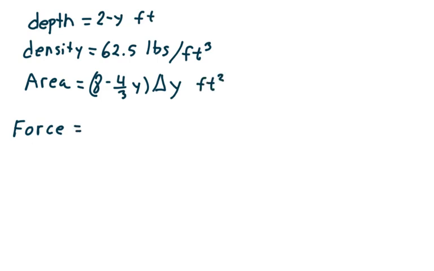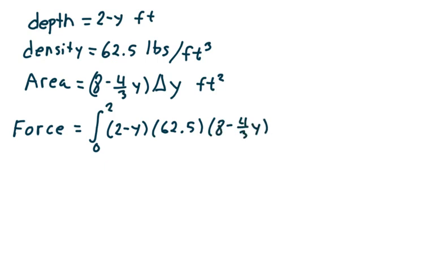So the force is the integral from 0 to 2 of, I'm going to take the depth, which is 2 minus y, times the density, 62.5, times the area, 8 minus 4/3 y dy.